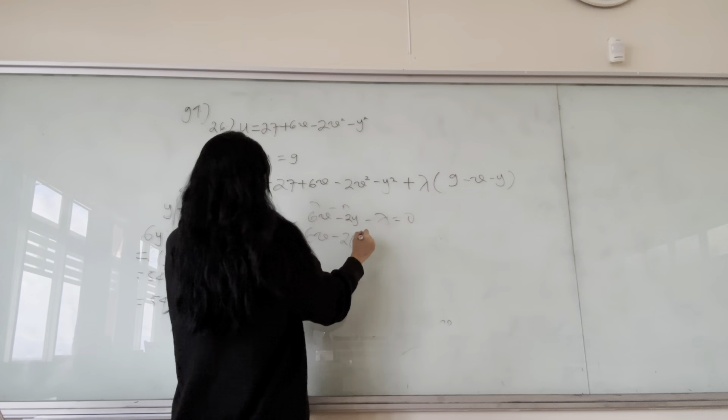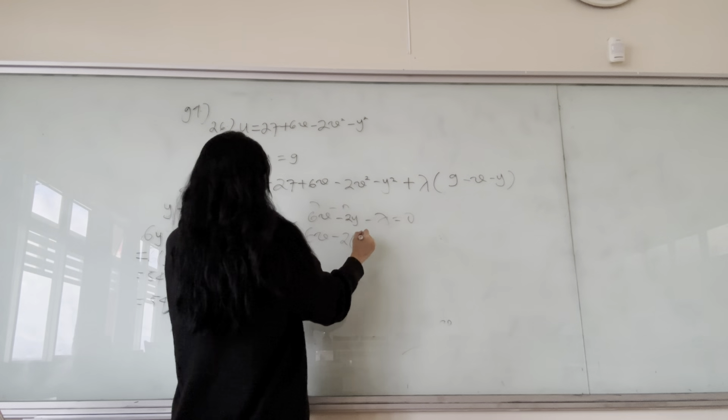After we find x and y from the first partial derivatives, we find the second partial derivatives. The second derivative with respect to x is minus 8. For y it is minus 4.